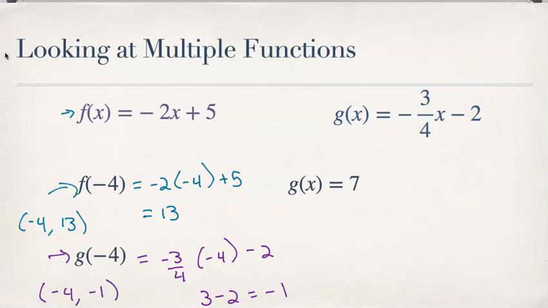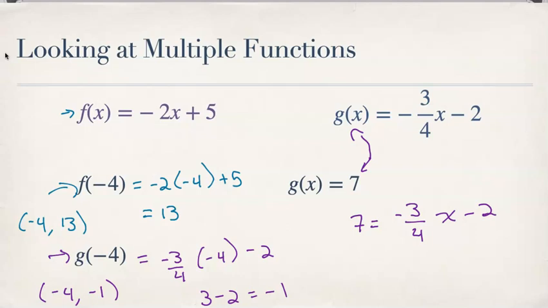These are my input-output pairs written as coordinate pairs. Now for this g function, I'm giving you the output, so we have to be careful. You're not putting it into the function. You're saying that that's the output of the function. So you're saying 7 is the same as g of x. So I will let g of x equal 7. So 7 equals -3/4 x minus 2.